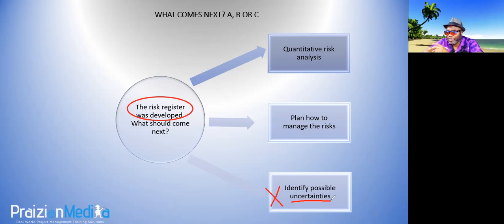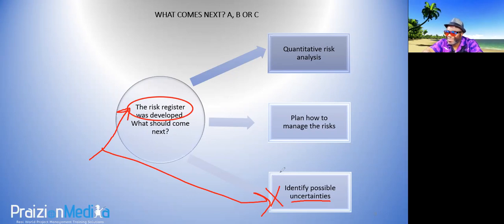It's not just negative. But in this case, it says identifying possible uncertainty. That's already been done. This is really the same as this. So developing the risk register means you've identified the uncertain events, positive or negative, right? All right. So after you've identified the risk, what comes immediately after? Perform qualitative. That's not here.